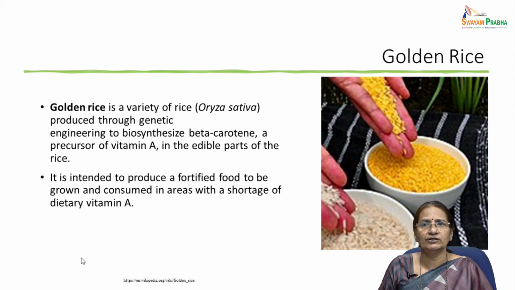It is intended to produce a fortified food to be grown and consumed in areas with a shortage of dietary vitamin A. Vitamin A deficiency causes xerophthalmia, a range of eye conditions from night blindness to more severe clinical outcomes such as keratomalacia and corneal scars and permanent blindness. Additionally, vitamin A deficiency also increases the risk of mortality from measles and diarrhea in children.